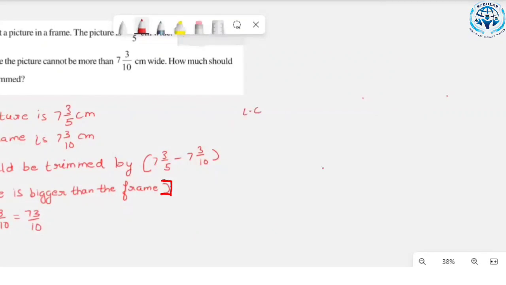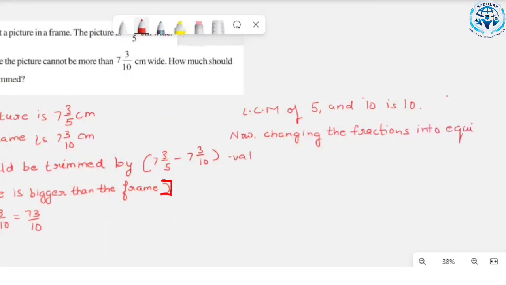The same method is repeated. LCM is 10. Changing the fraction into equivalent fraction with the same denominator.